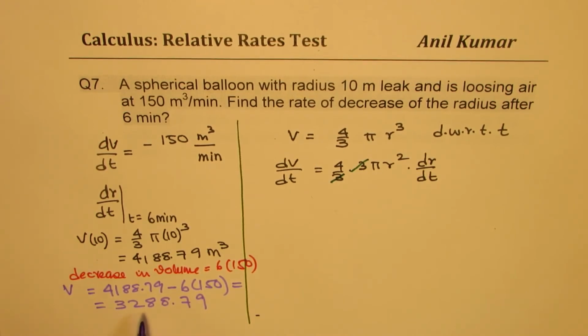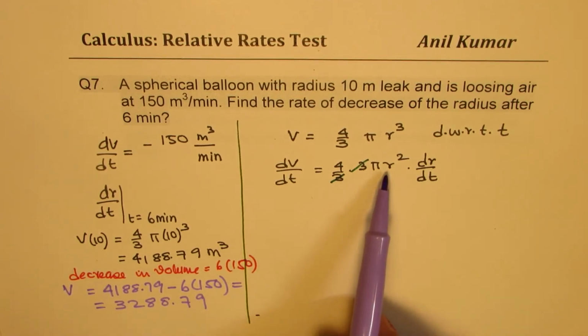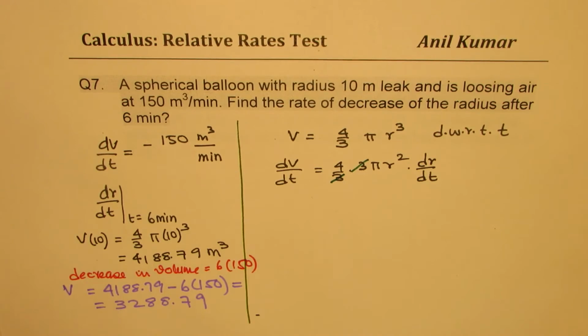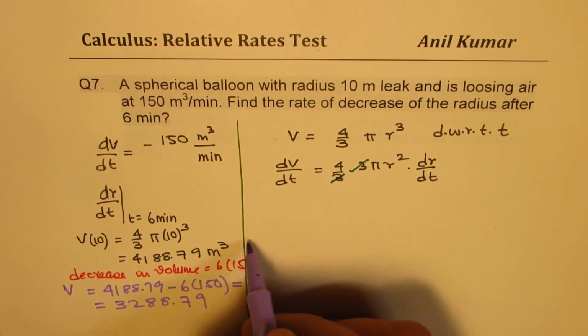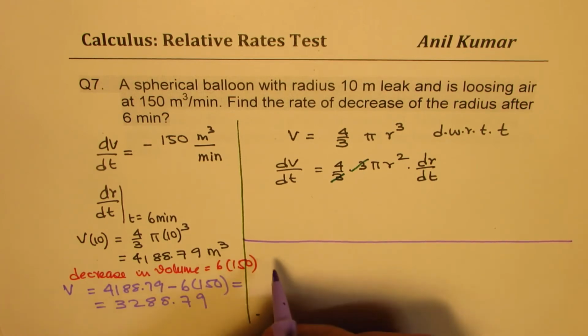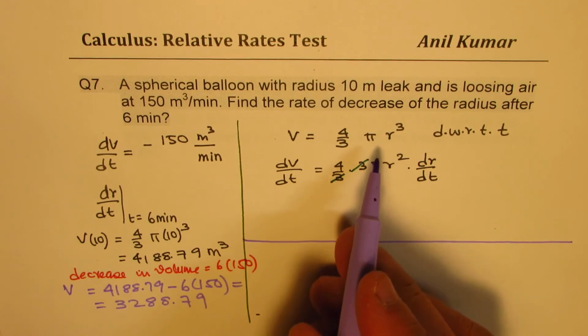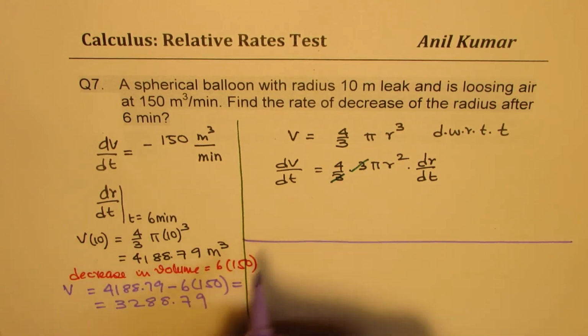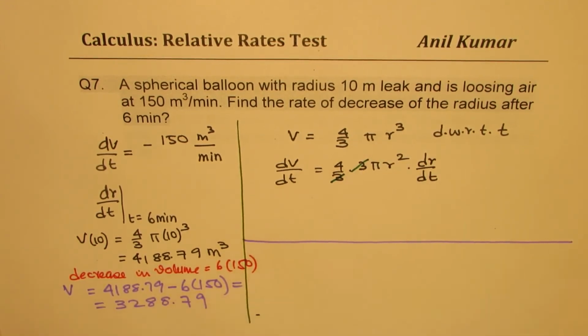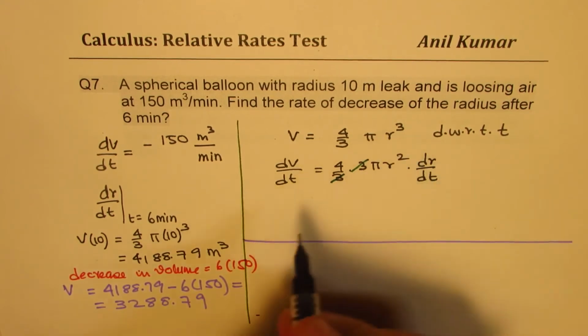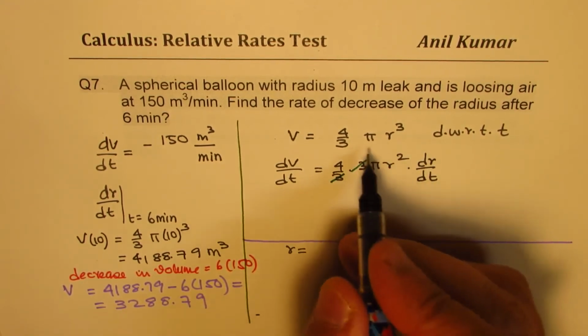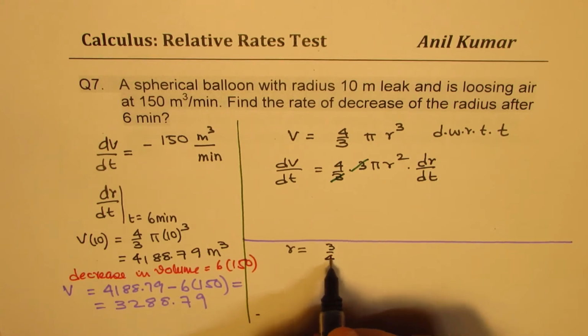Now from here we can find the radius, because we need to plug in the radius. If this volume is 4 by 3 pi r cube, then rearranging, the radius will be the cube root of 3 times volume divided by 4 pi.